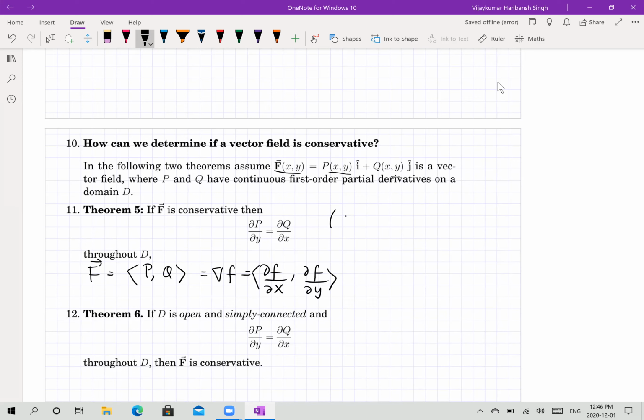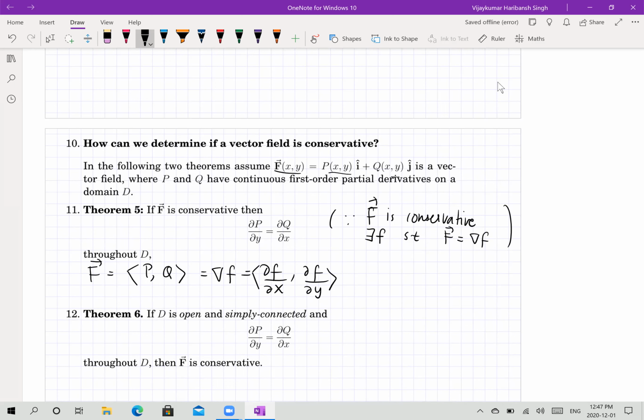Since F is conservative, there exists f such that vector field F equals grad f.